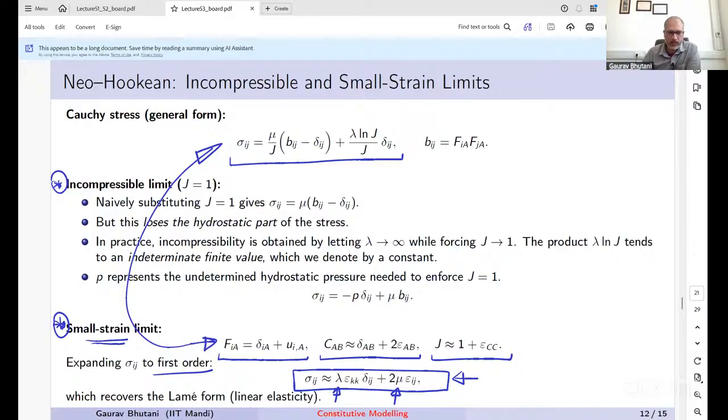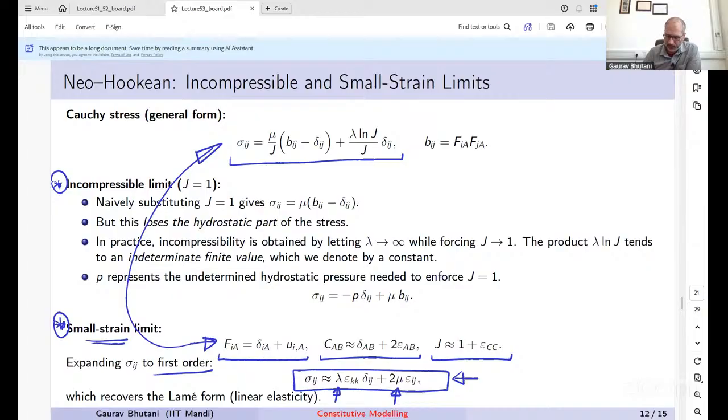And also for the small strain limit, what we see is that F in the first order approximation can be written as delta_iA plus u_i comma A, and this is something we have already shown in the past.